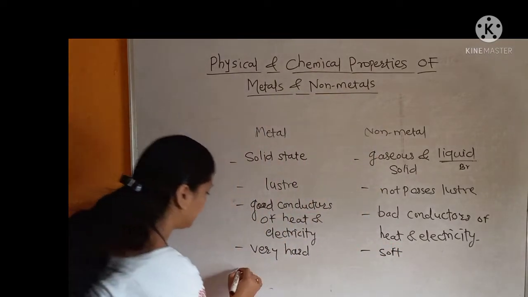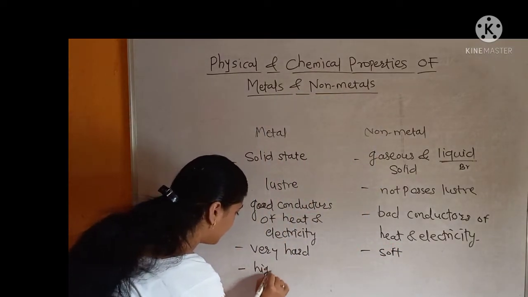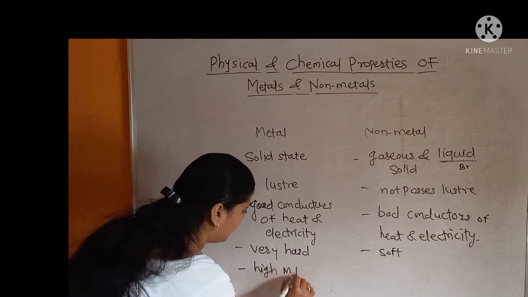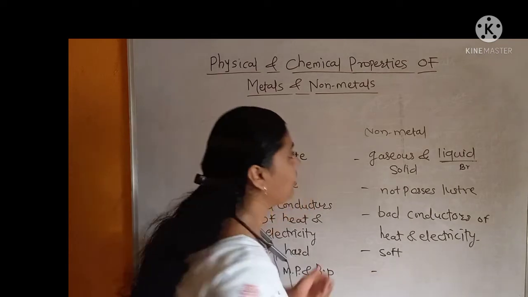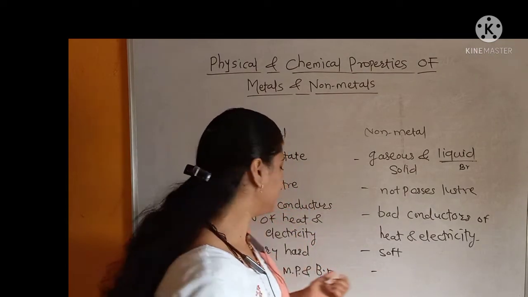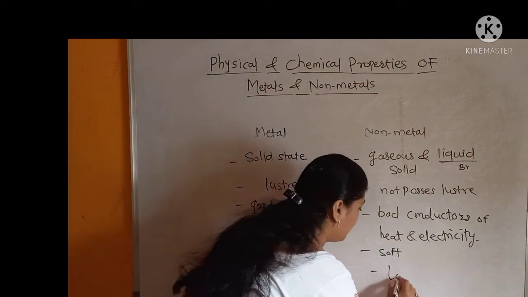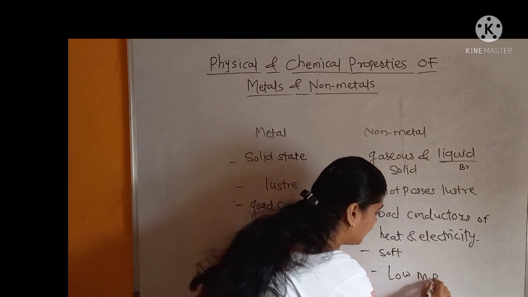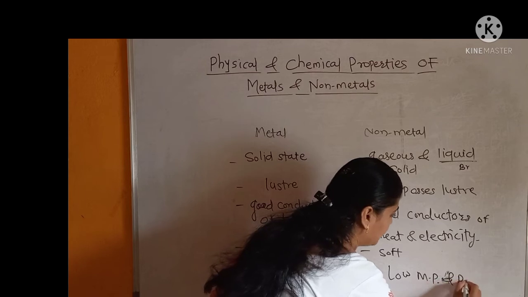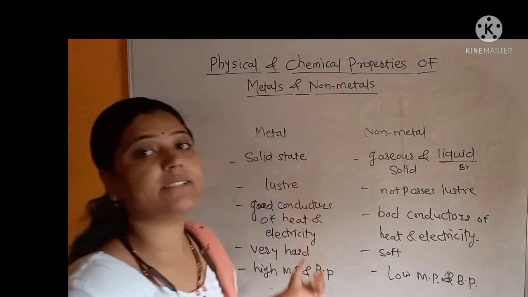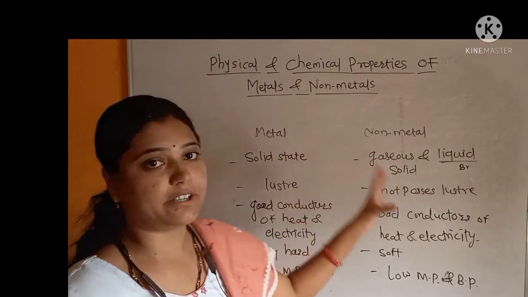Mercury is in the liquid state, so we talk about its boiling point, while other metals are solid and have a melting point. Metals have high melting and boiling points because they are very hard. Non-metals are soft, hence they have a low melting point and boiling point. These are the basic physical properties of metals and non-metals.